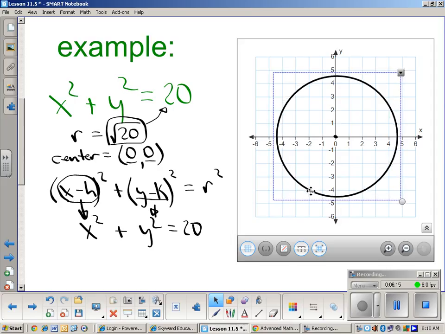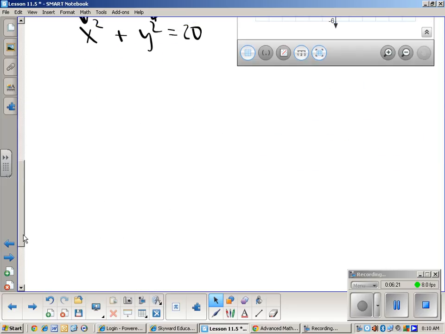Since we don't have a smart board, how would we do this in homework? I would take a ruler, draw my axes.